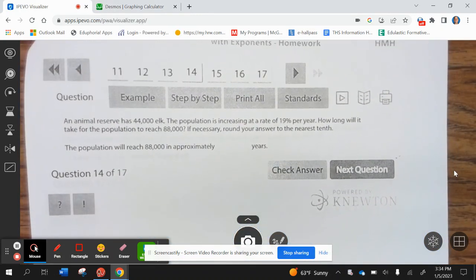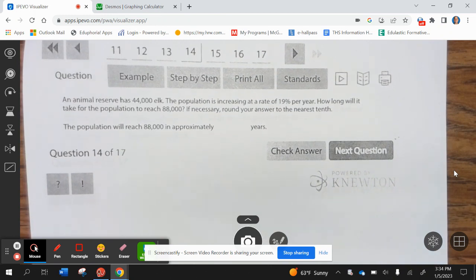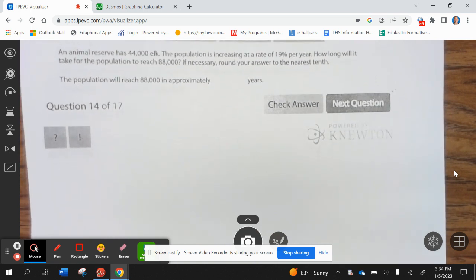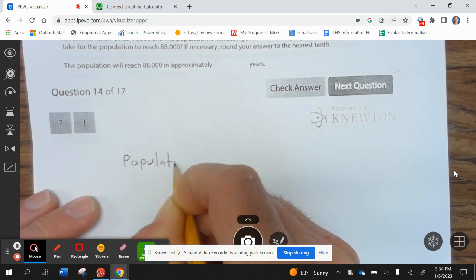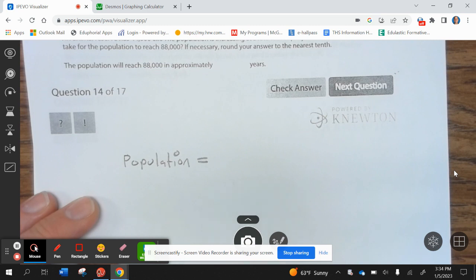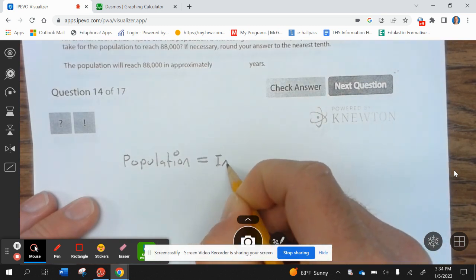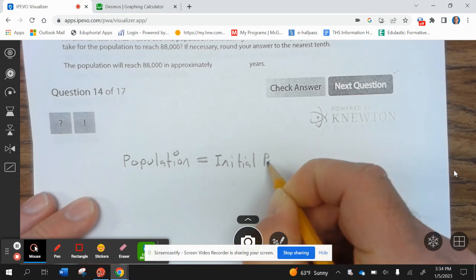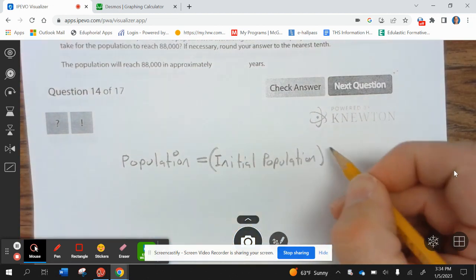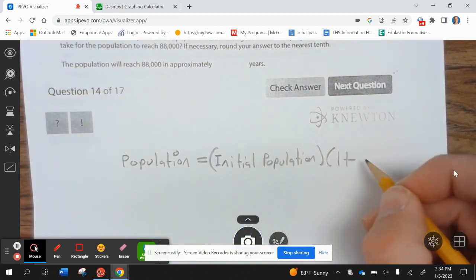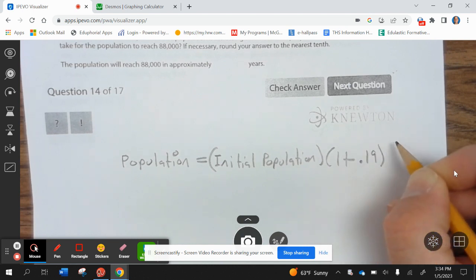All right, let's take a look at example 14. An animal reserve has 44,000 elk. The population is increasing at a rate of 19% per year. How long will it take for the population to reach 88,000? If necessary, round your answer to the nearest tenth. Okay, so our population will equal the initial population times 1 plus, it's increasing, so that's plus 0.19 to the t.